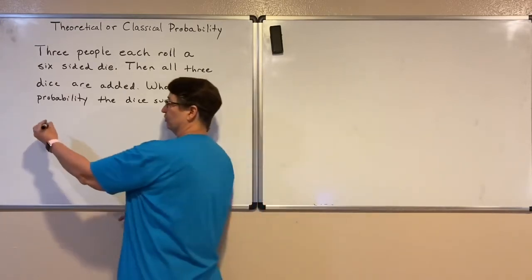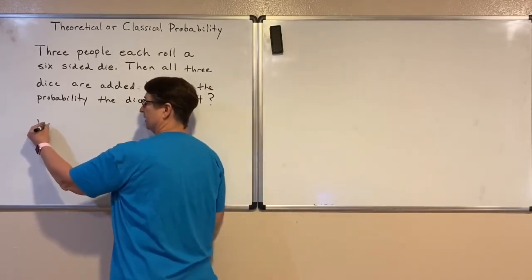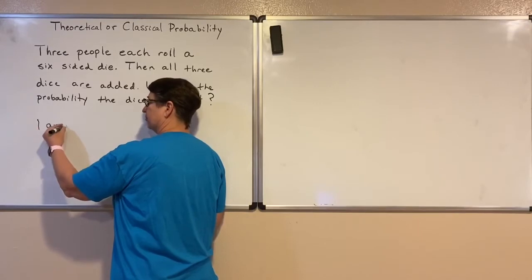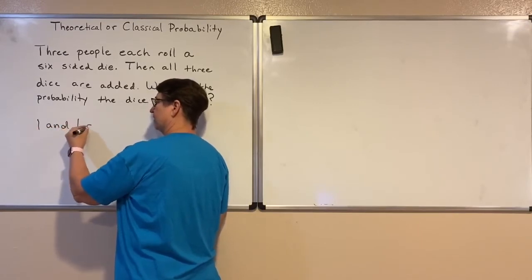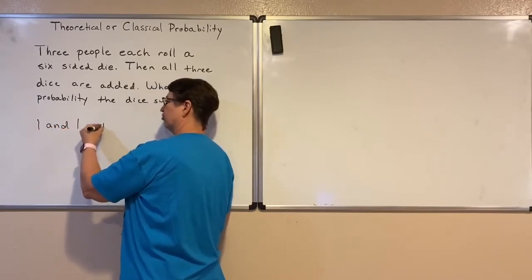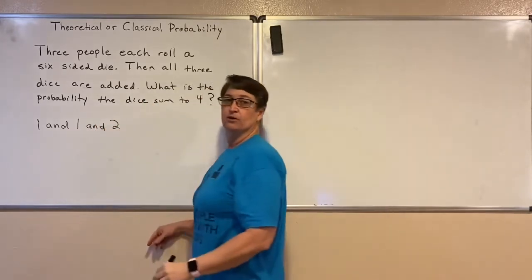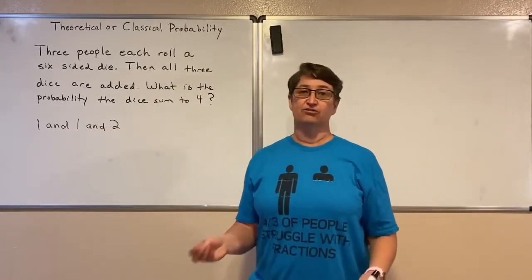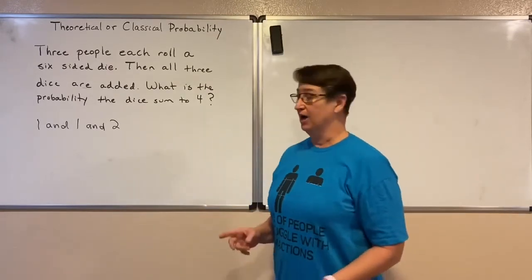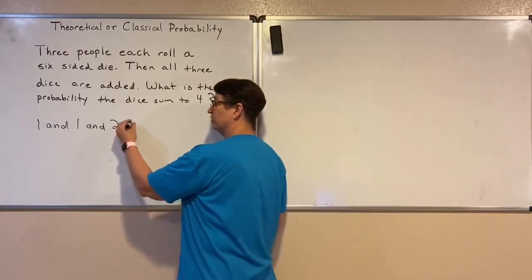So if the first person rolls a 1, and the second person rolls a 1, then the third person, in order to get up to 4, would have to roll a 2. So that's one way they could get a sum of 4. But they could do it another way.